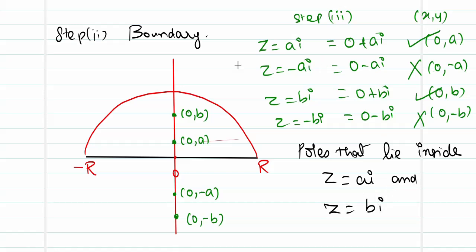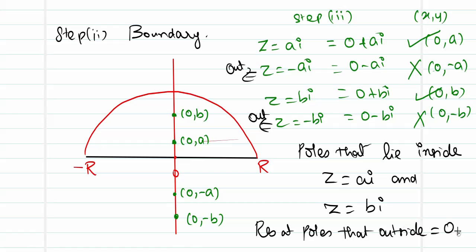The remaining two poles lie outside, and hence the residue at poles that lie outside will be equal to 0. So my step 2, boundary, is over, and step 3, identification of the poles inside the boundary, is over.